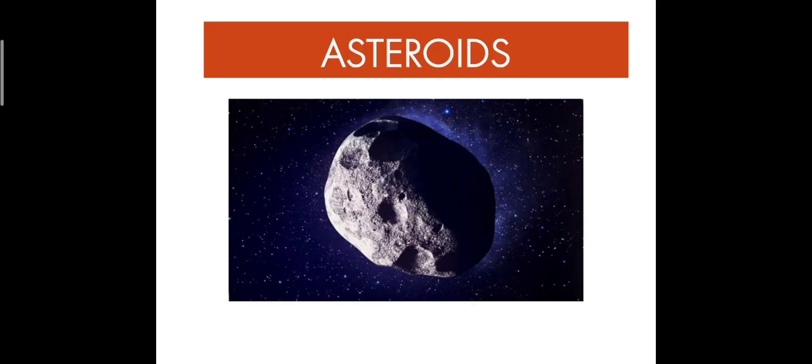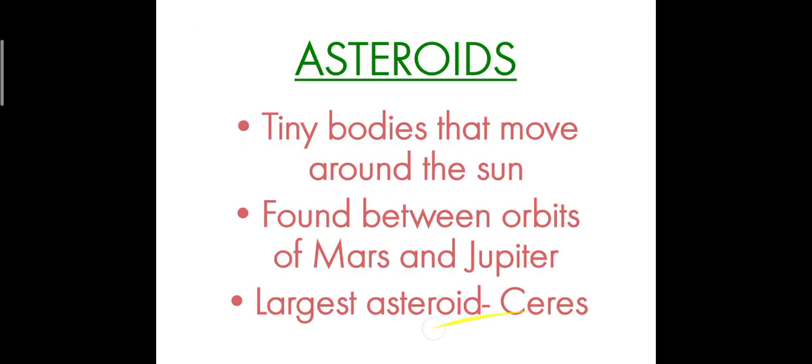Next, asteroids. Children, apart from stars, moon, sun, there are many other celestial bodies which revolve around the solar system. One of them is asteroids. They are tiny bodies that move around the sun. It looks like this.